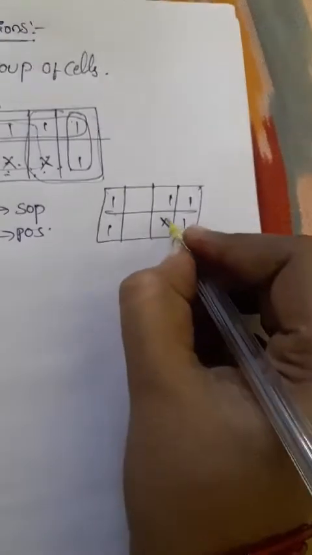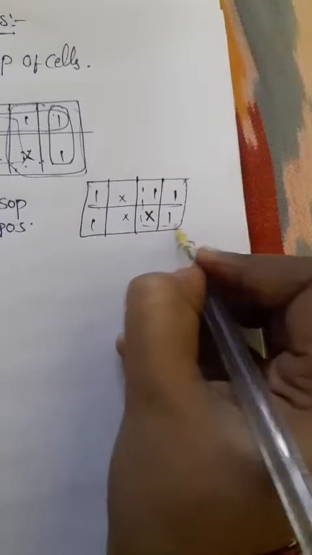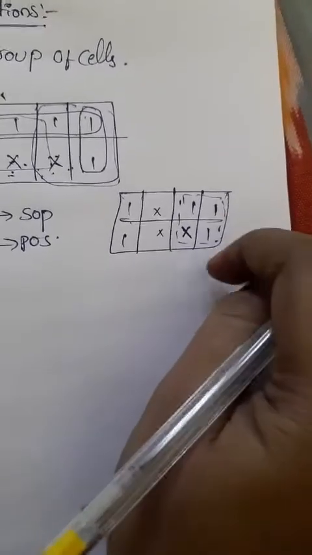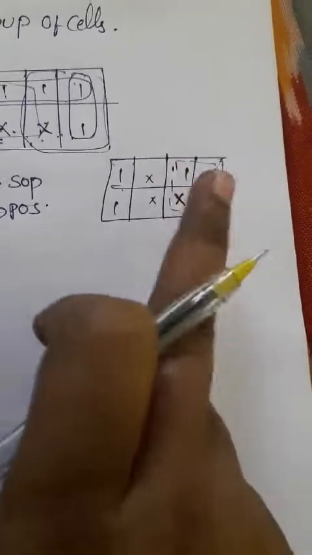So I can represent one don't care here, and here also, here also. Just check it, this is one quad group, right? These 4 cells combined give us a quad group. So while grouping cells we can consider a don't care cell as 1 or 0, or we can also ignore that cell.